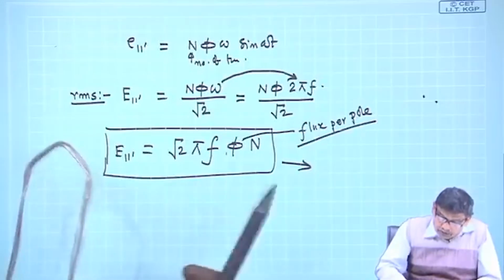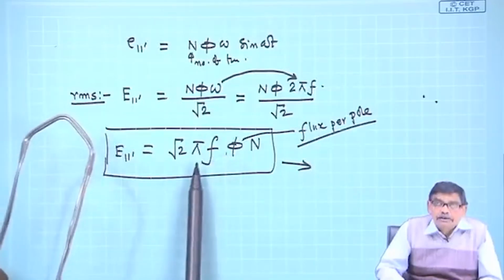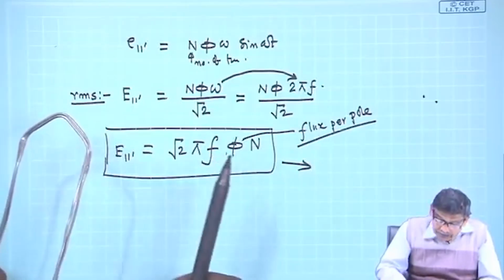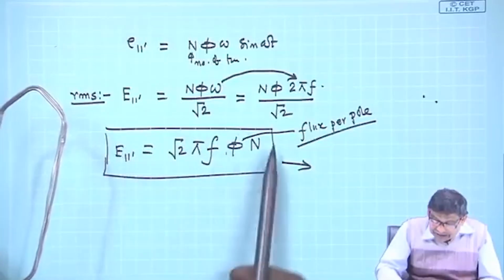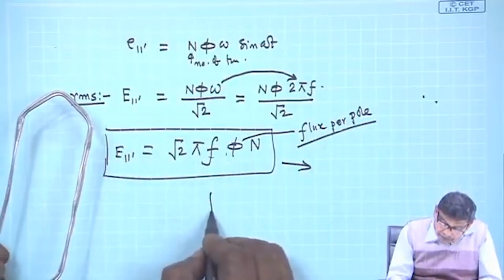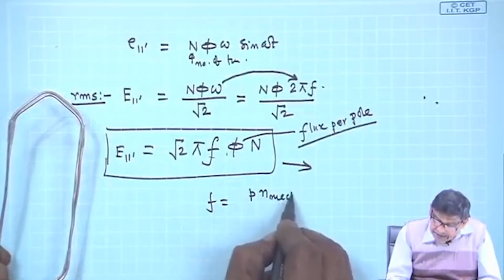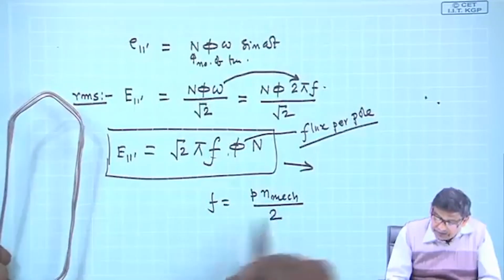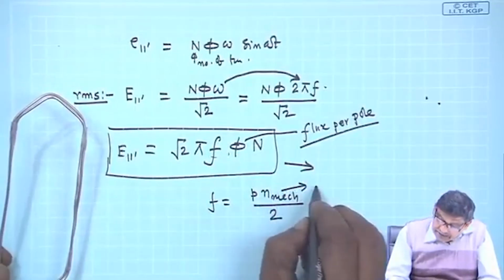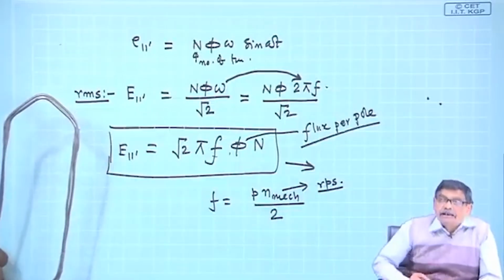So, inputs of a generator are flux per pole and the speed. Now, speed is in this expression, f equal to P n mechanical by 2. N mechanical is the tachometer speed in RPS.